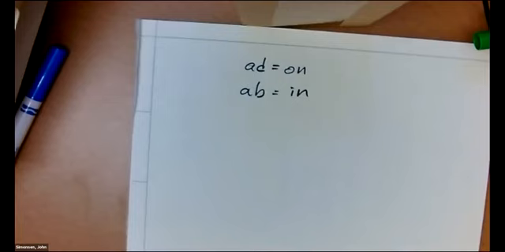So adsorption is about things being on the surface, not in the surface. Absorption is about things being absorbed into the wood.